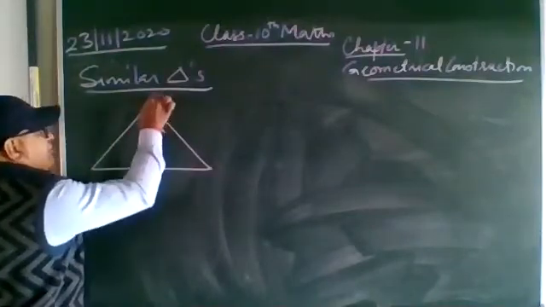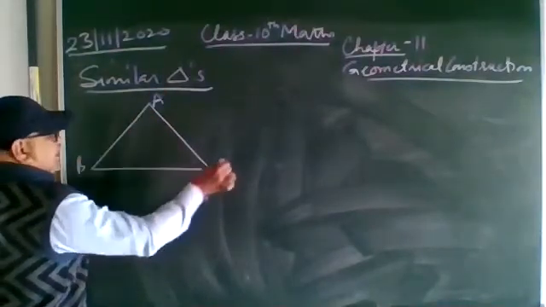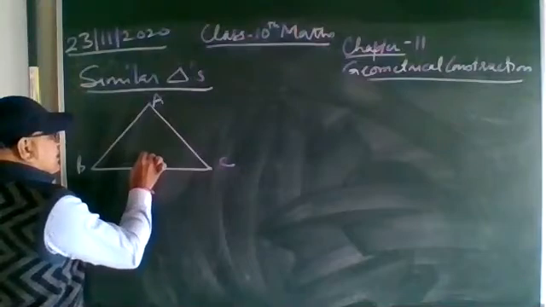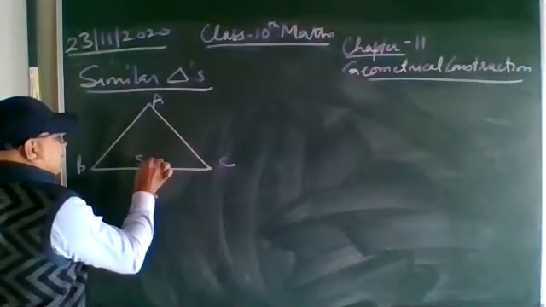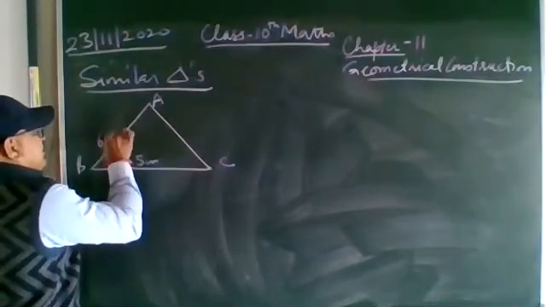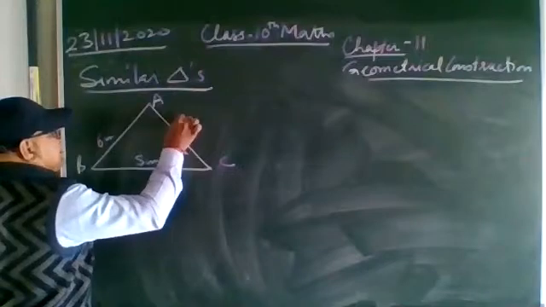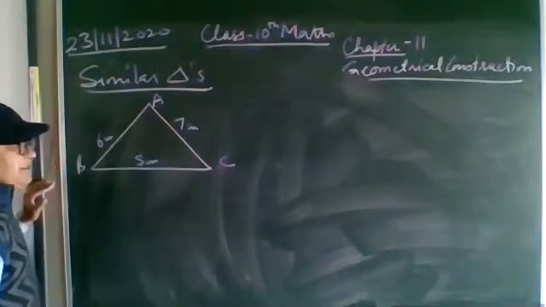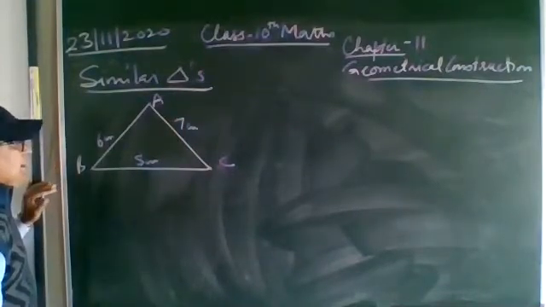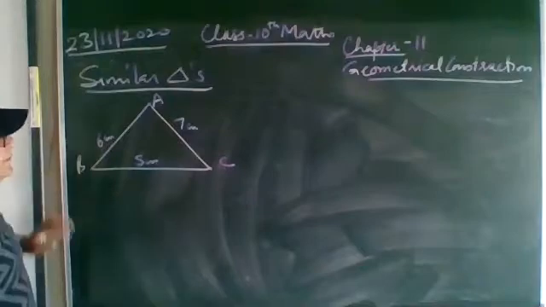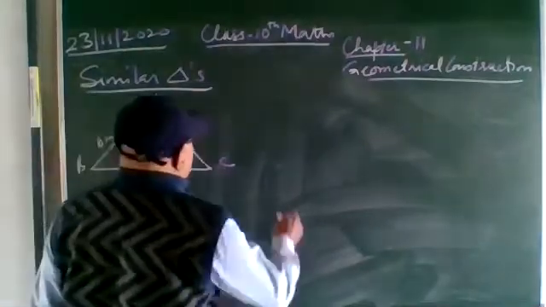The triangle ABC you have to take in measurement. If we say BC is 5 centimeter, this is 6 centimeter, and this is 7 centimeter, the construction you can draw. Now for a similar figure, what is very important?